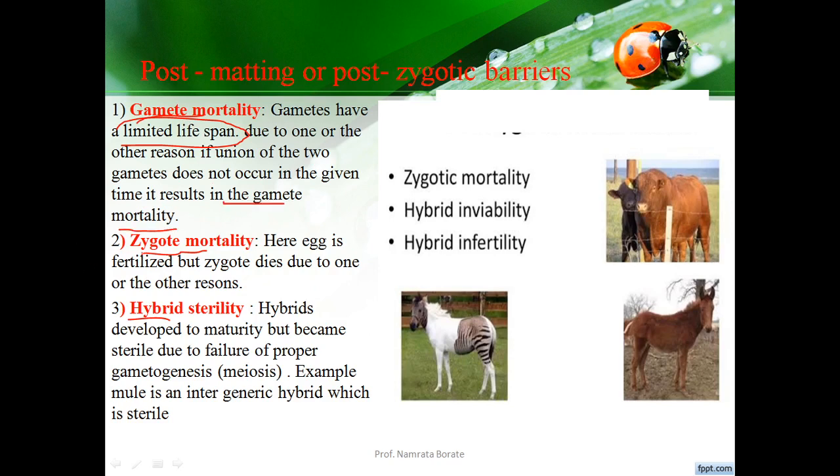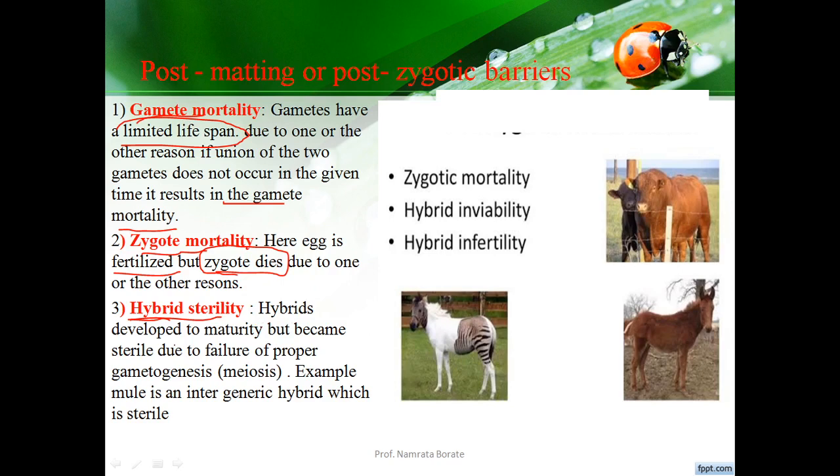The second one is zygote mortality. Here the egg is fertilized, but the zygote dies. If the zygote dies, there is no development of the embryo. This is a post-zygotic barrier, zygote mortality. And the third and most important phenomenon is hybrid sterility. The hybrid is formed, but these hybrids are sterile, meaning non-functional.